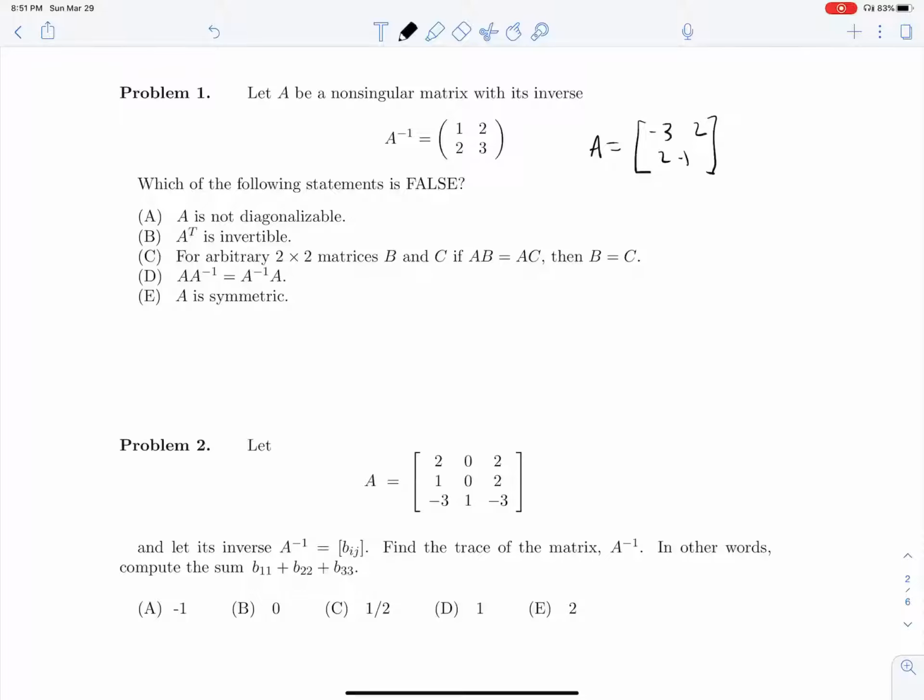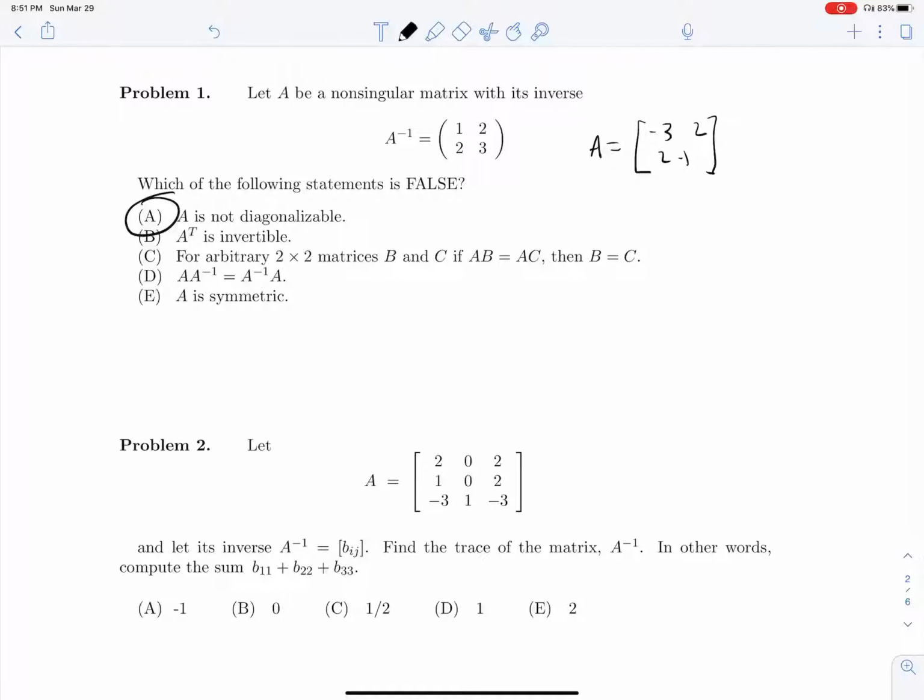And just right off the bat, we know that this here is diagonalizable because it is a symmetric matrix. All symmetric matrices are diagonalizable. And so A is not diagonalizable. That is false. A is diagonalizable.